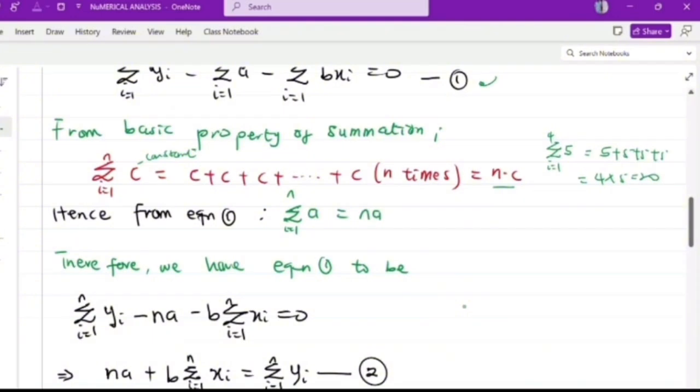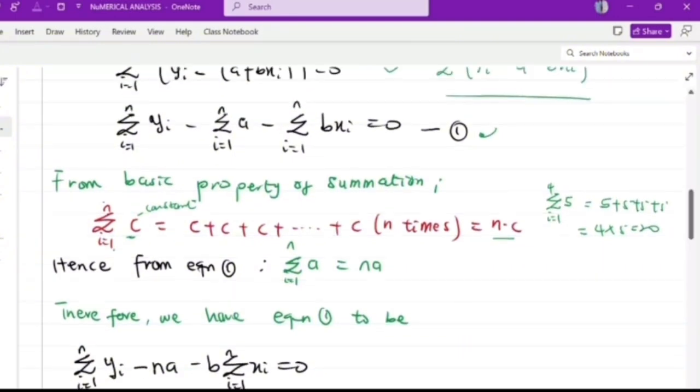So the summation of the constant from i equal to 1 to n is the same as n multiplying the constant. When we come here, we have the same thing. Our a here is a constant, so we can write this one as na.